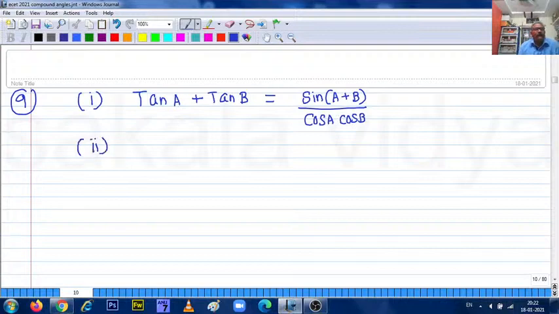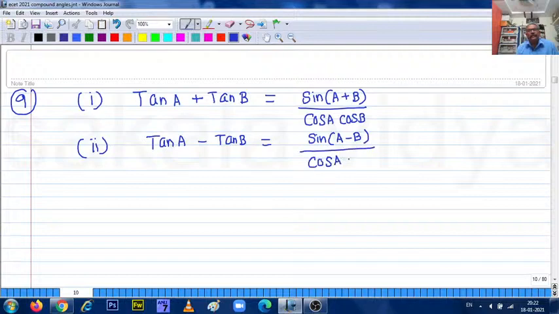Second one, tan A minus tan B equal to sine of A minus B upon cos A cos B. So there is a pattern. You can easily remember. No problem Swapna, you can ask.